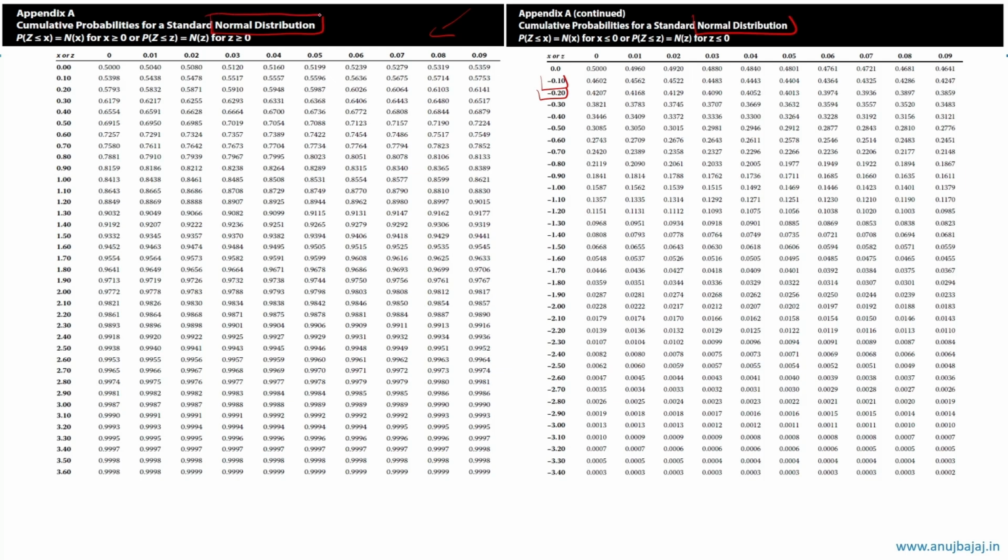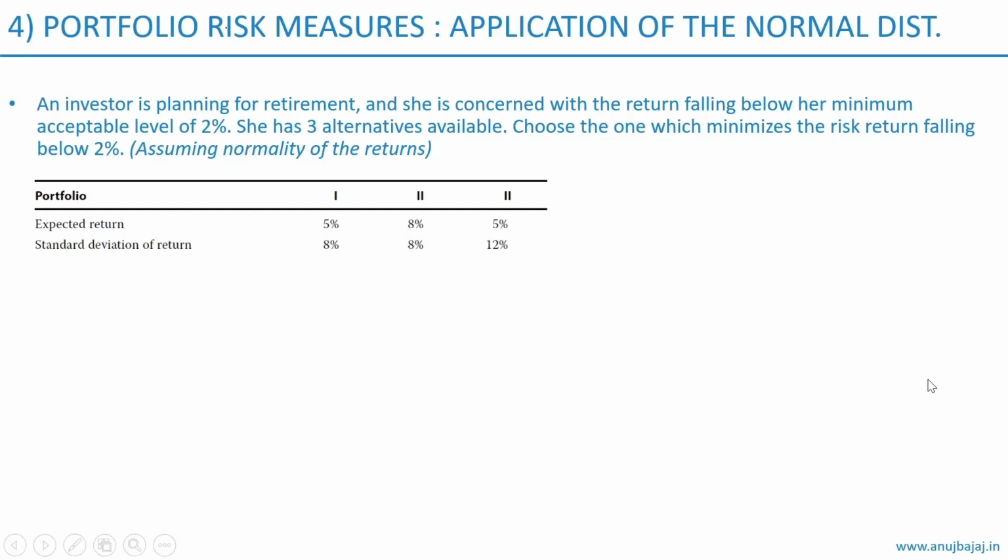Only in a normal distribution, it is known for sure that below a particular standard deviation, these many percentage of observations lie. But for different distribution, we have to find it on an individual basis. So we had some basic understanding of normal distribution.